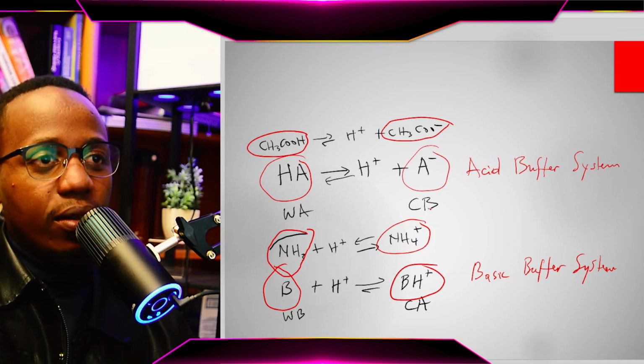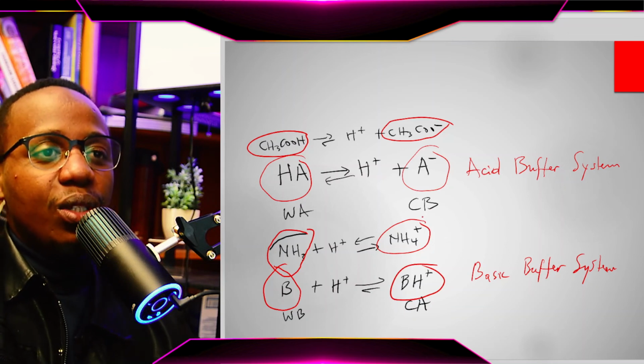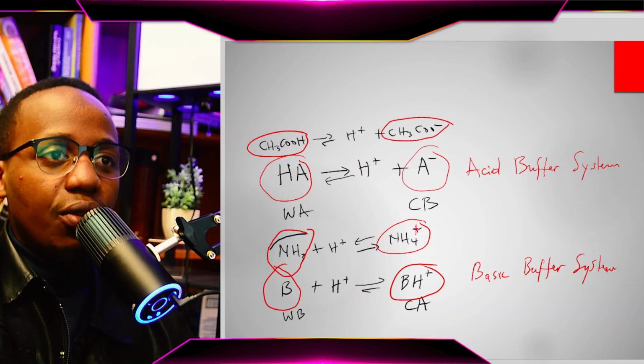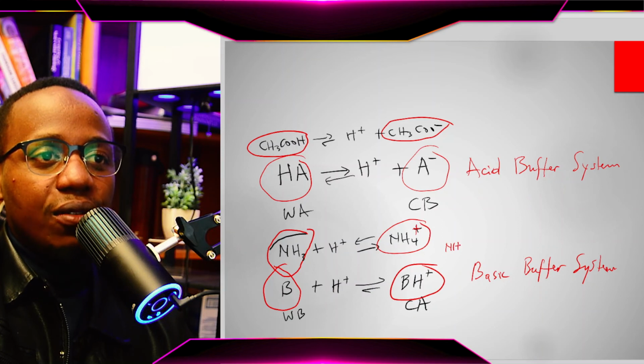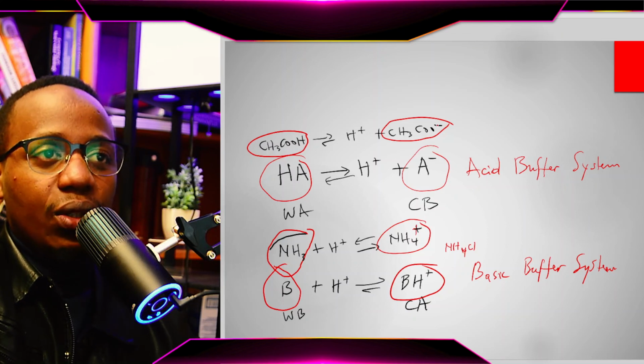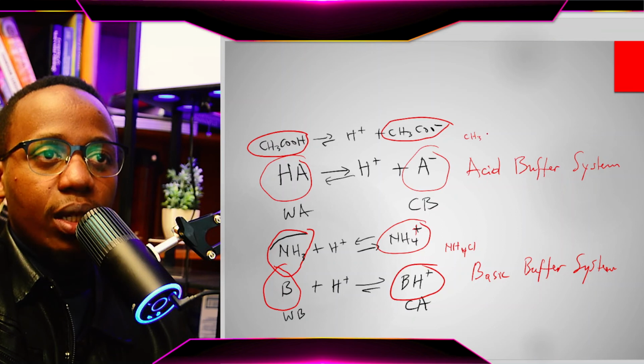It's a pair, right? Now, one thing that confuses people is that usually we don't store NH4+ by itself, so it might be NH4Cl. Or CH3COO−, it might be CH3COO bound to sodium.